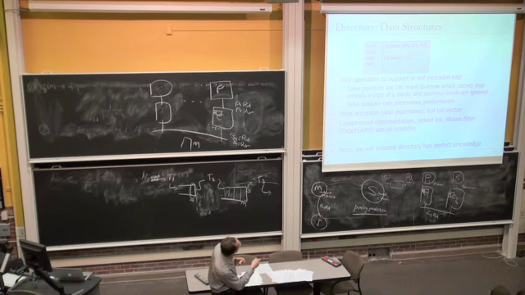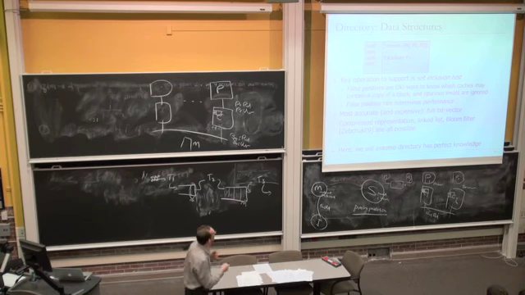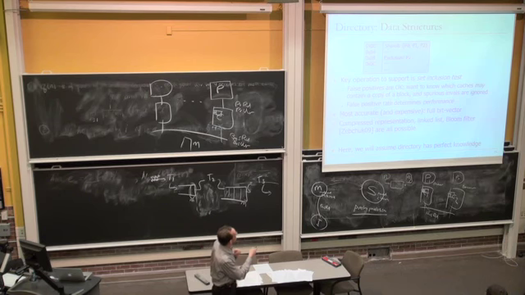So basically, the key operation to support in a directory is the set inclusion test, right? Which processors have the block. Again, false positives are okay. It's okay for the directory to think that a processor has the block when it may not have it.